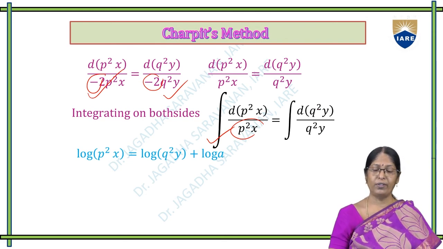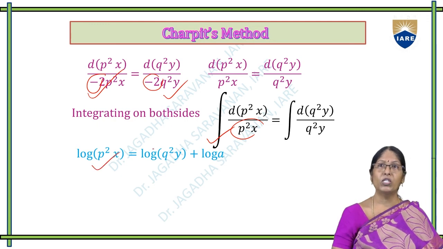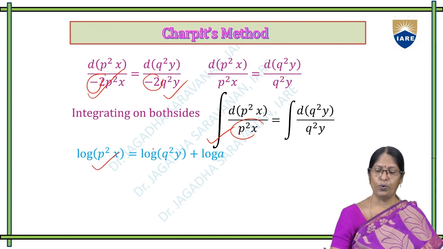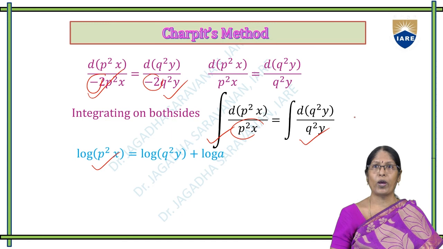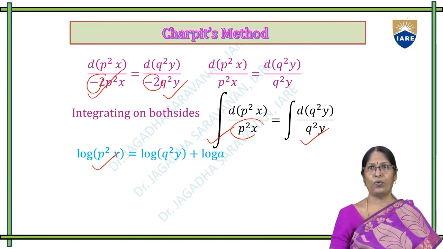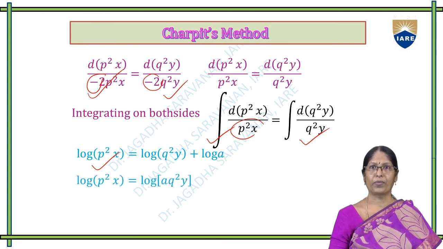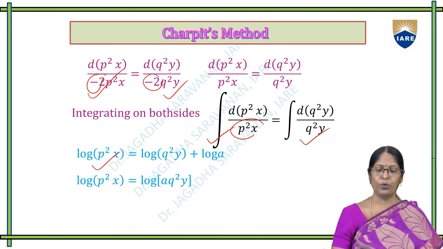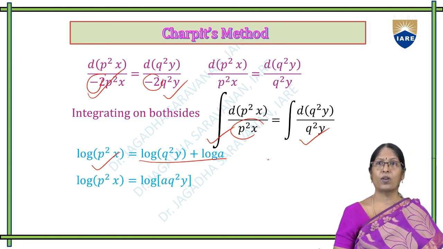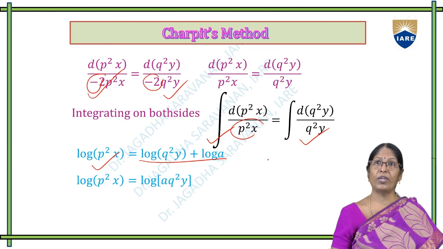So we can write log of p square x equal to log of q square y plus constant. In terms of log, we added log a. So log of p square x equals, this is log a plus log b equal to log of ab. That logarithmic formula we followed here.